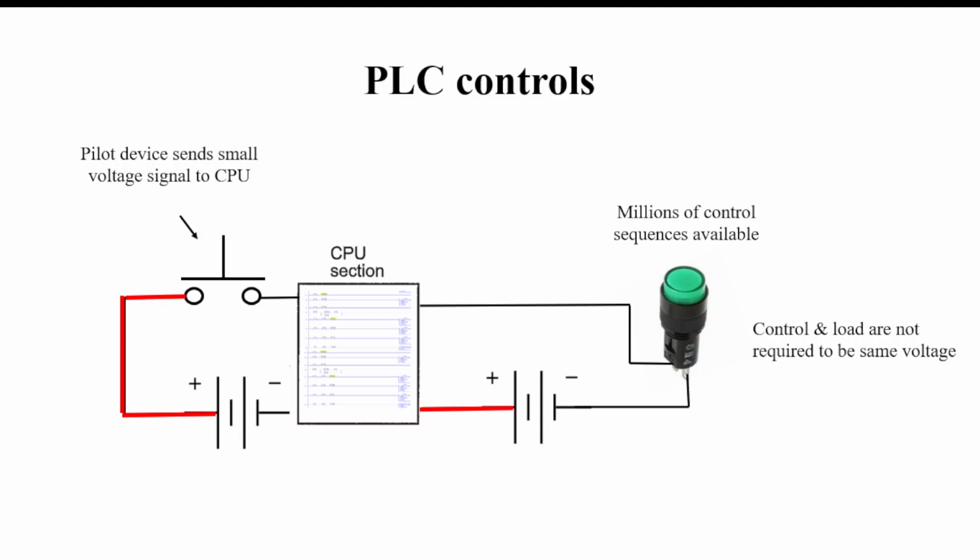This load on the right-hand side might be a 24-volt lamp, whereas the input signal with this push button may only be 5 volts. Finally, load current passes only through the output wires, not through the input wires. So there's a number of advantages and a number of flexible options that allow us to do a myriad of different types of control applications with PLC systems.